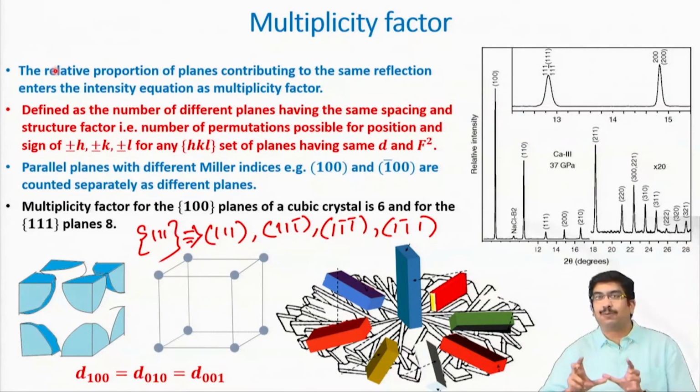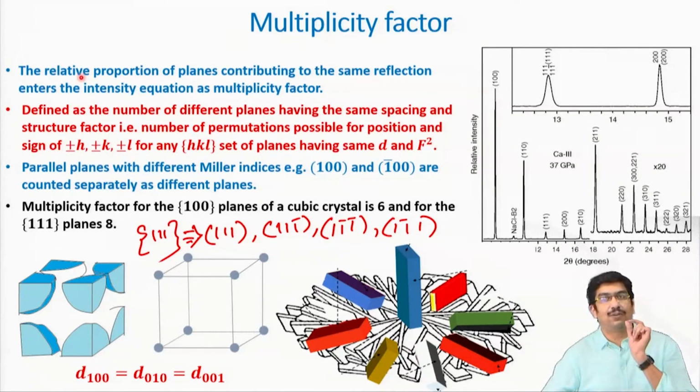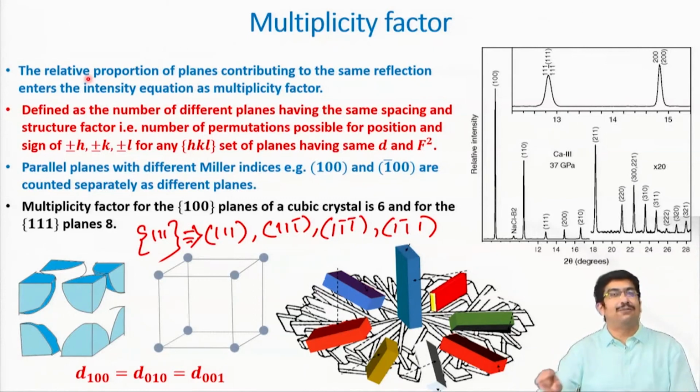All the 100 type planes satisfy the diffraction condition at the same 2 theta value. This number, the relative proportion, is the multiplicity factor, and it goes into the final intensity of the scattered beam, which should be multiplied by it.